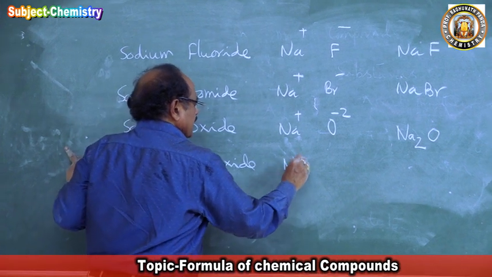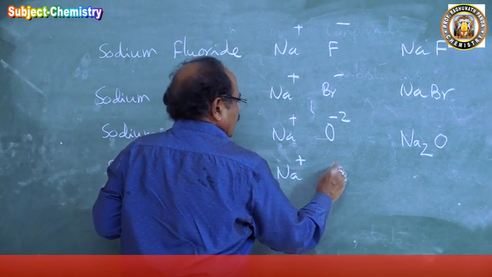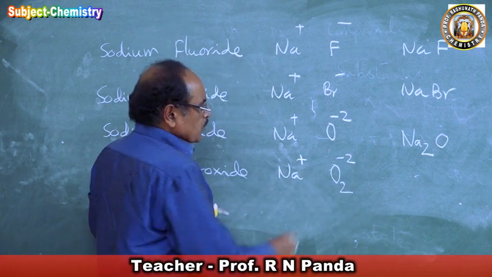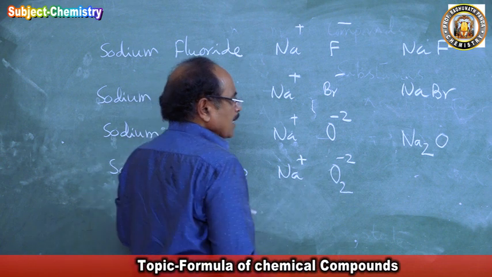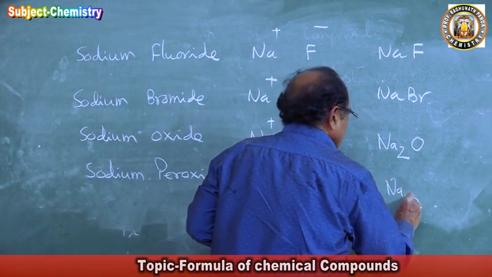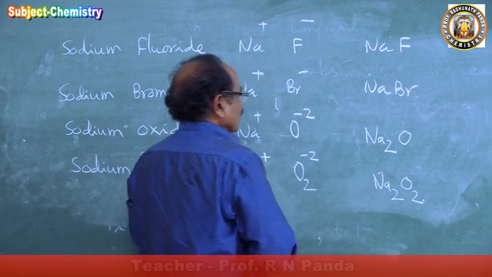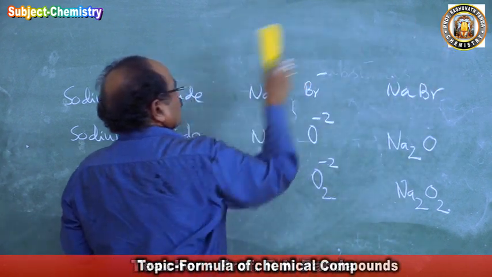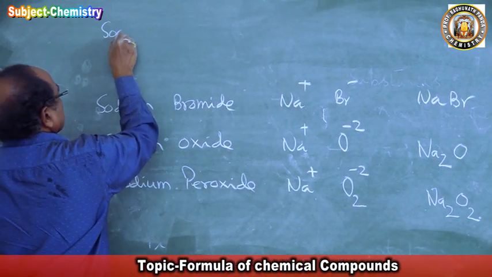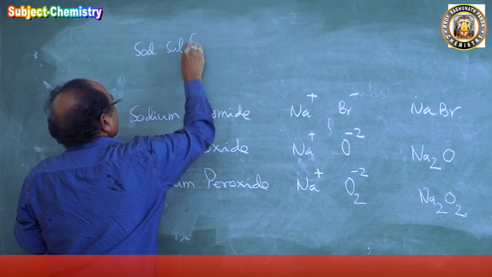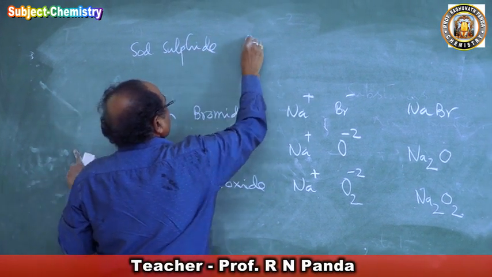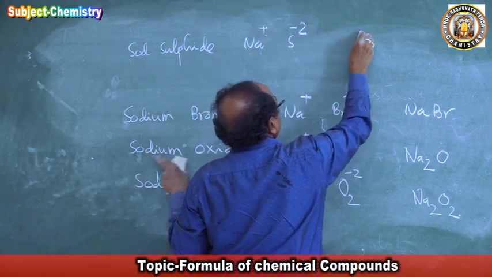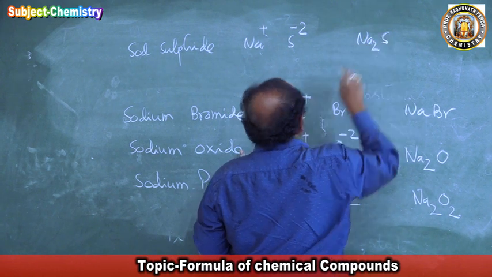Sodium is plus 1 and peroxide is O2 minus 2, so 2 will come here, Na will go there, so the formula will be Na2O2. Now let's come to sodium sulfide. Sodium plus 1, sulfide minus 2, 2 will come here, so the formula will be Na2S.